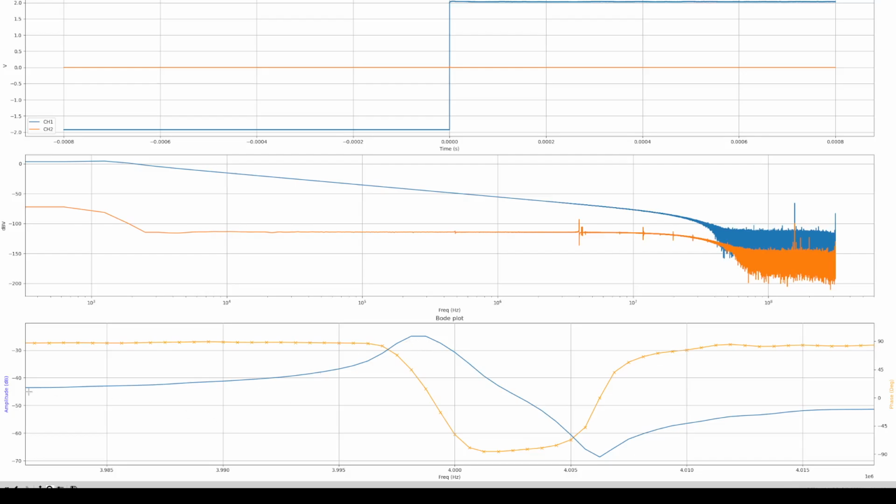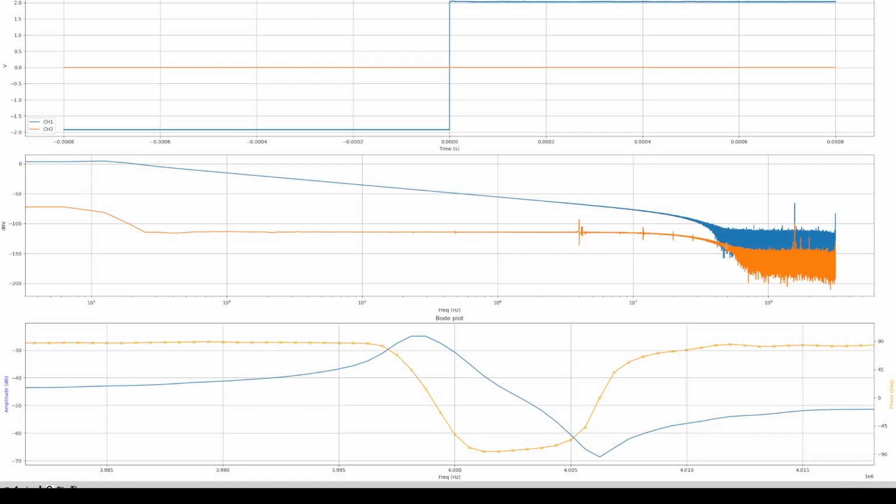I didn't do that for the amplitude. So the amplitude curve is a smooth curve, and here there is some discontinuity. That means the resolution of these points is a bit too coarse. If this point were just a bit to the left or right, then it might be lower. So this is now minus 65 dB.